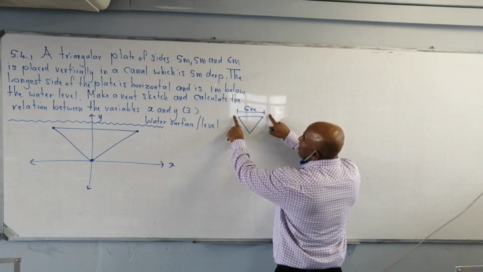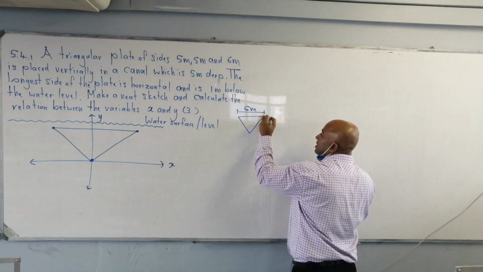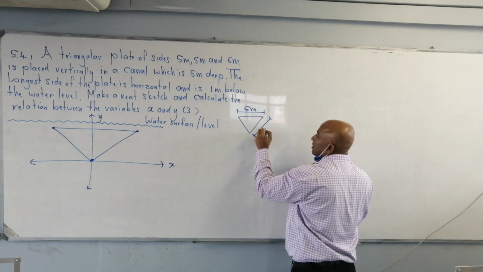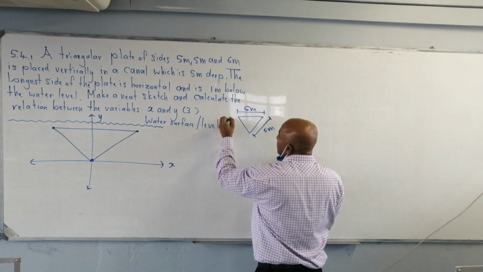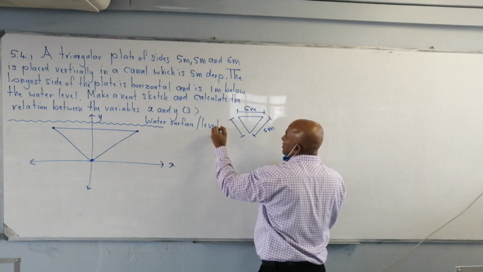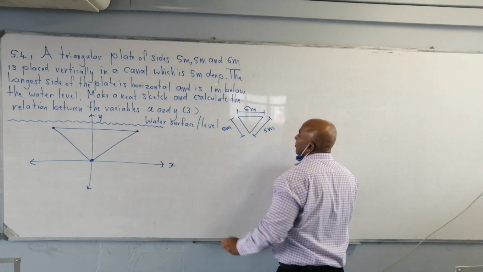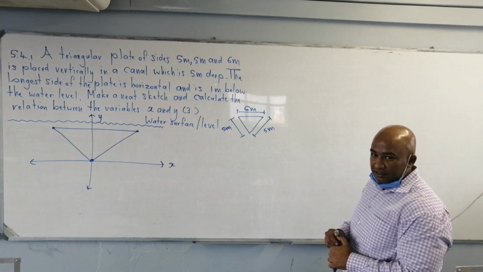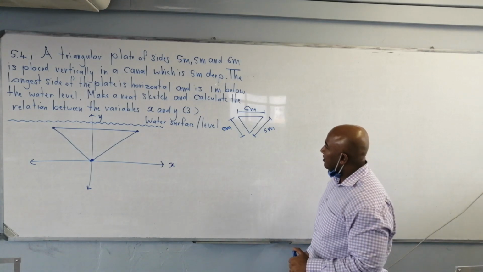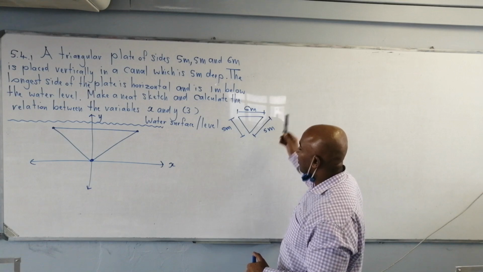So this is 6 meters and you are told that this here is 5 meters and here is also 5 meters. You clear with that? Right, so there we got 6, 5 and 5.